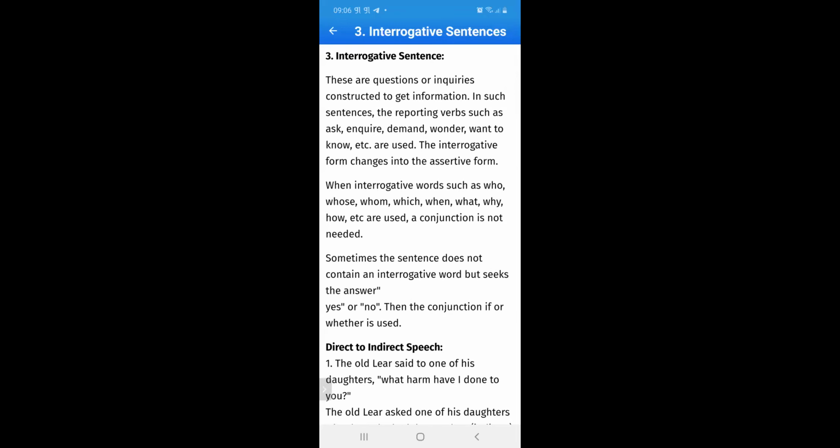A conjunction is not needed. Sometimes the sentence does not contain an interrogative word but seeks the answer yes or no. Then the conjunction if or whether is used. Very good. Good try, Pratiksha. So, who else wants to read it again?